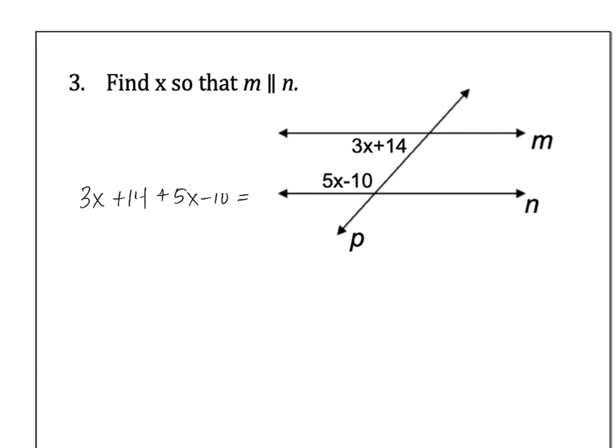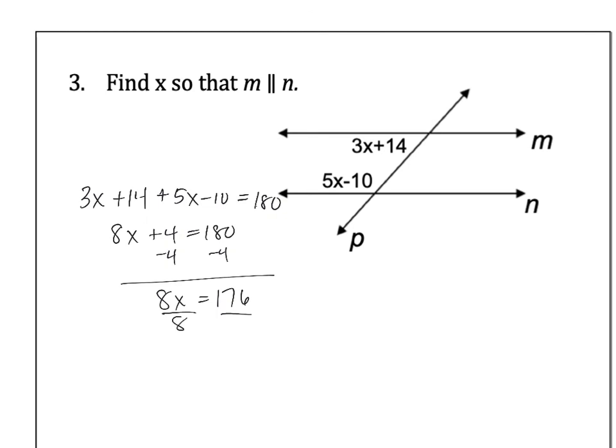So your equation should have looked like this: 3x plus 14 plus 5x minus 10 equals 180. We have 8x plus 4 equals 180, minus your 4. We have 8x equals 176. And I think, I don't have a calculator right here, but I think it is 22. So correct me if I'm wrong on that one. Hopefully I'm right.